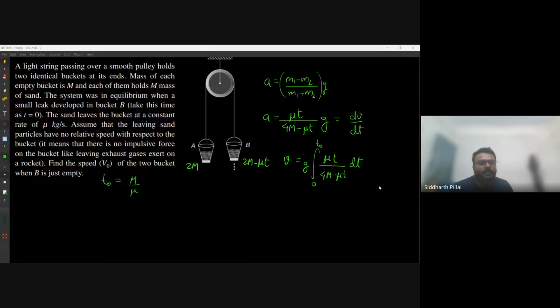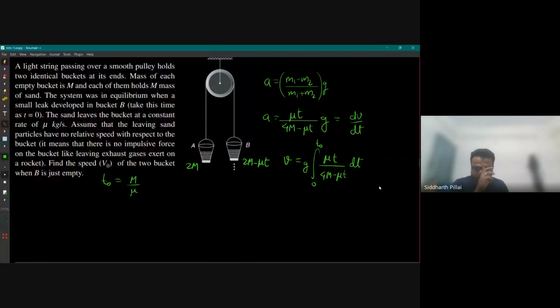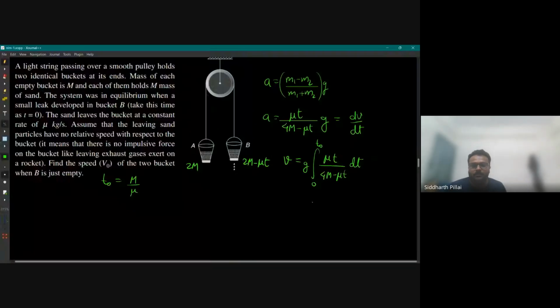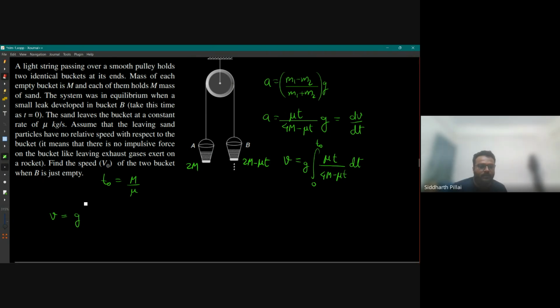Okay, it's just calculation, so let's work it out. Like I said, you can take 4m minus mu t as a variable, but what I will do is use a trick here. I'll write this integral again. V is equal to g into the integral from 0 to t naught.